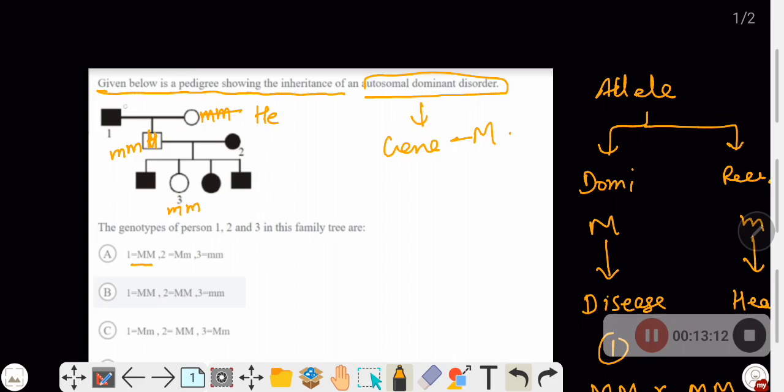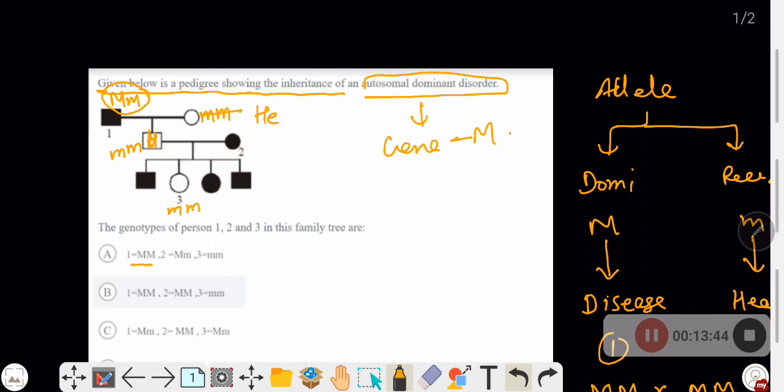But what we see is one is diseased, another is healthy. It means this diseased parent has to be heterozygous, like the cross pattern 5. It means the genotype of this person 1, the diseased parent, will be capital M small m. It will be heterozygous dominant.